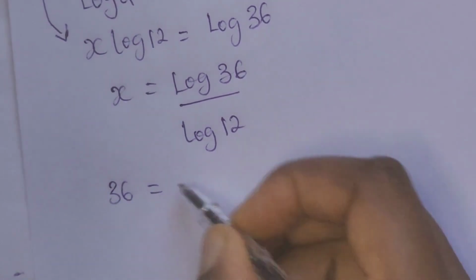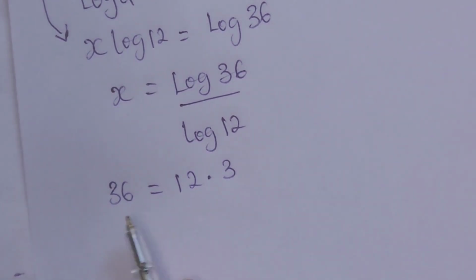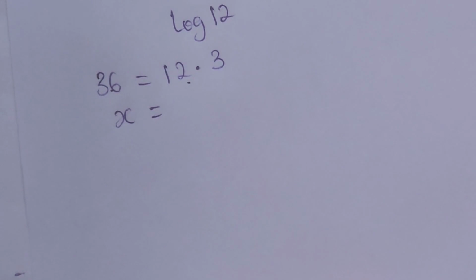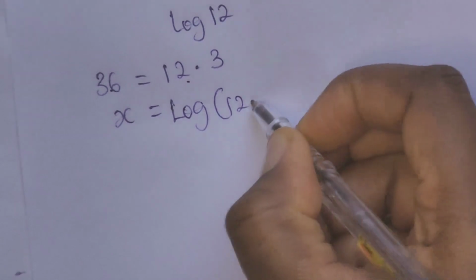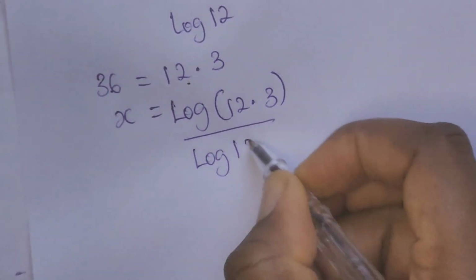But 36 equals to 12 times 3. So we'll be replacing this 36 with this. We have x to be equal to log of 12 times 3 all over log of 12.